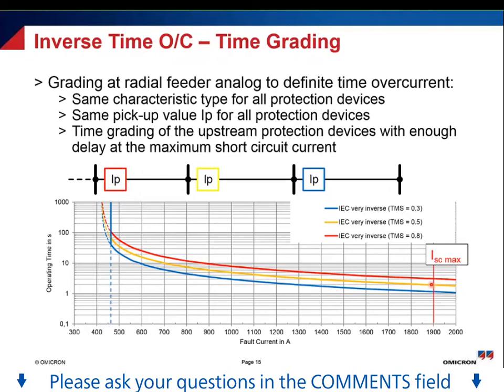The highest possible current leads to the shortest possible trip times, and so you choose the shortest possible trip times, and there the time difference between both sides must be at least 300 to 500 milliseconds. And with this you can do your time grading, and then you know that there is enough space between the characteristics and you can do your overcurrent grading. Here is, for example, different time multiplier settings with 0.3, 0.5 and 0.8.